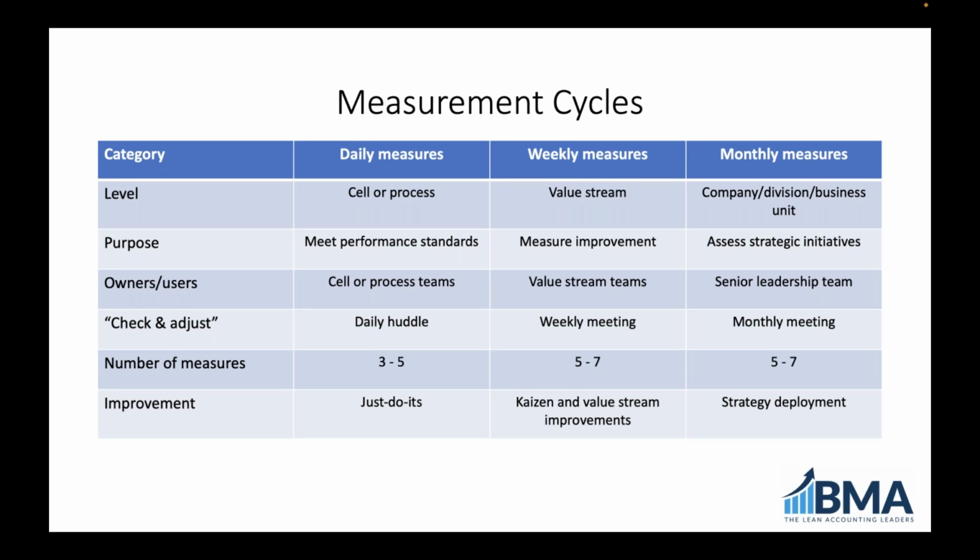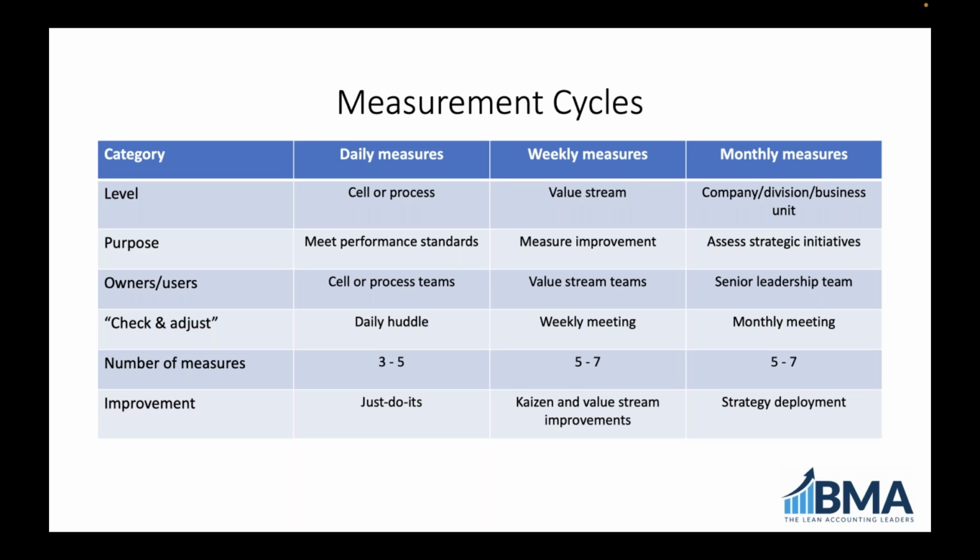What's important to understand here is the purpose of the measure. Any kind of daily measure is about meeting performance standards. With weekly or value stream measures, you're measuring improvement over time. And with monthly measures, you're measuring the strategic initiatives over time.